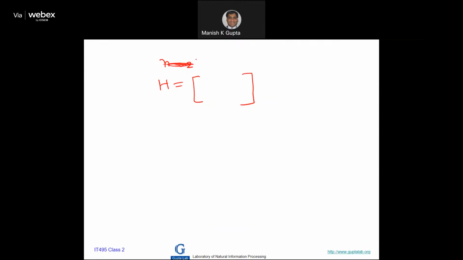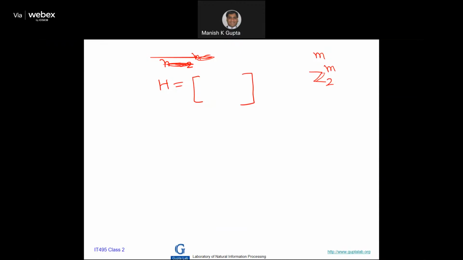I'll find out what the length is actually here. I'm going to fix a number m, and I'm looking at all the vectors of size m over this space. So there are 2 raised to m vectors, right? I can look at all the 2 raised to m vectors.